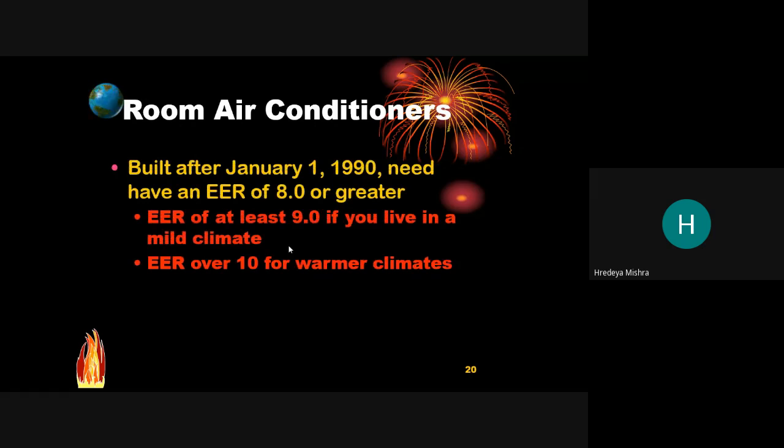Built after January 1990, room air conditioners need an EER of 8.0 or greater, an EER of at least 9.0 if you live in a middle climate, and an EER over 10 for a warmer climate.